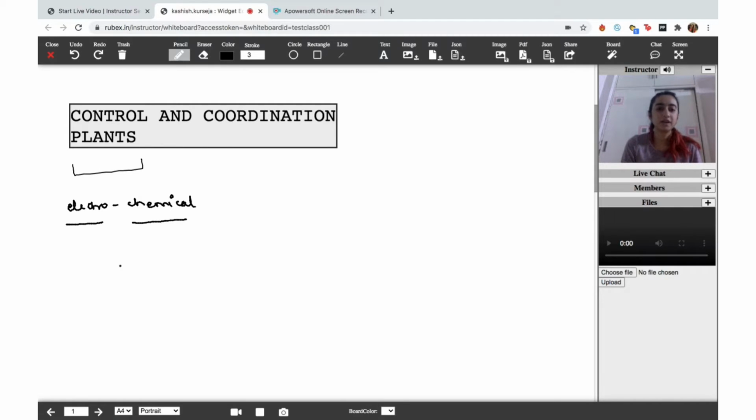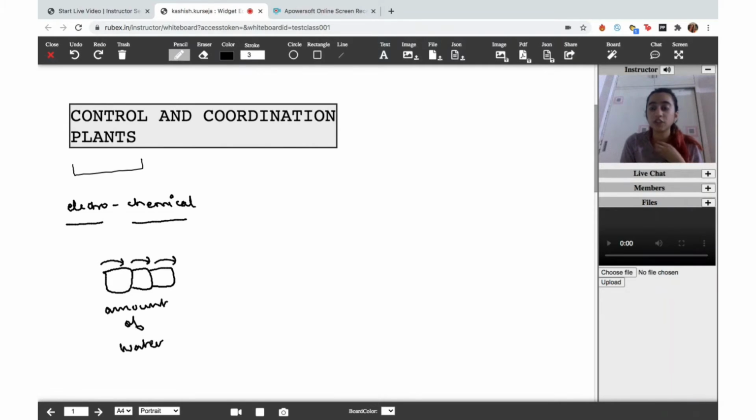How does it occur in plants? Like, how does information pass on probably from one cell to the adjacent cell? If I draw 3 cells of plants for you, how will information go from this cell to the next and from this cell to the next and so forth? So क्या होता है? Plants change the amount of water in their cells. ठीक है?